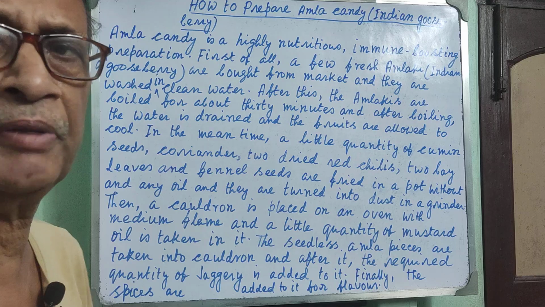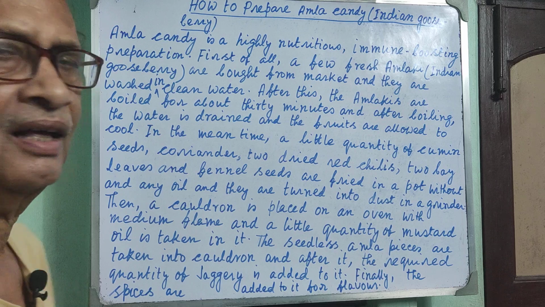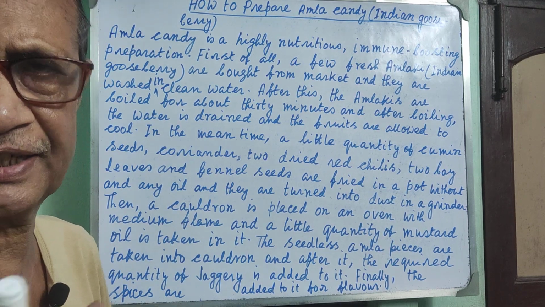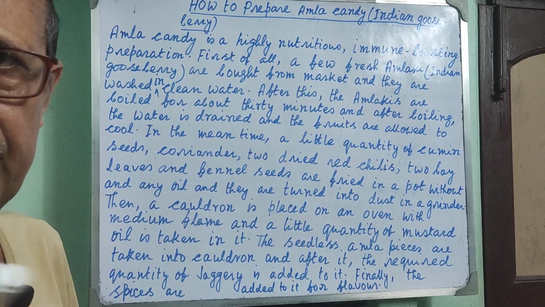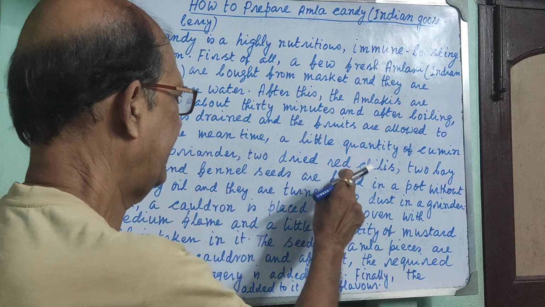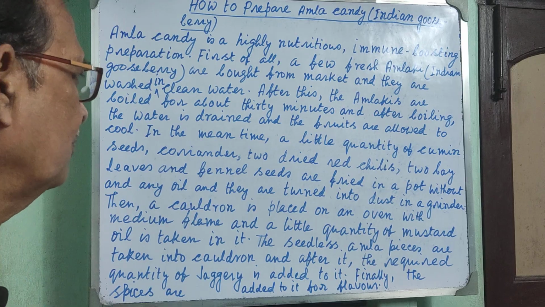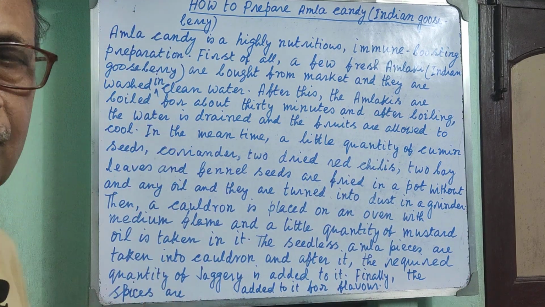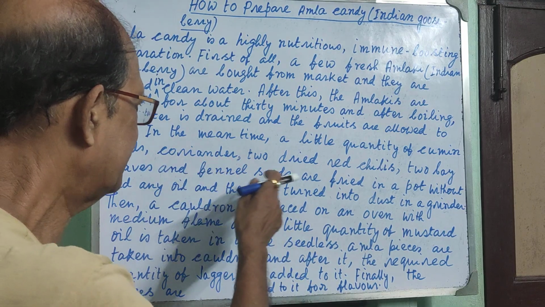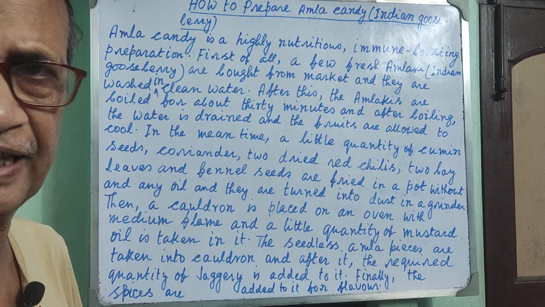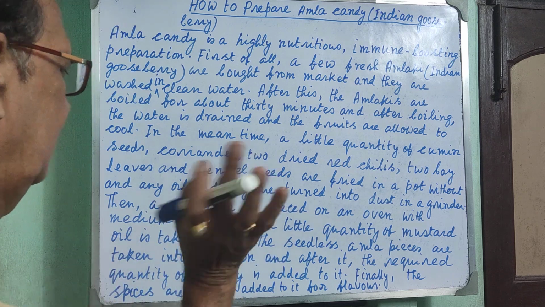In the meantime or meanwhile, a little quantity of cumin seeds, that is jeera, coriander, that is dhania, 2 dried red chilies, two bay leaves, that is tejpata, and fennel seeds, that is mouri, are fried in a pot without any oil.